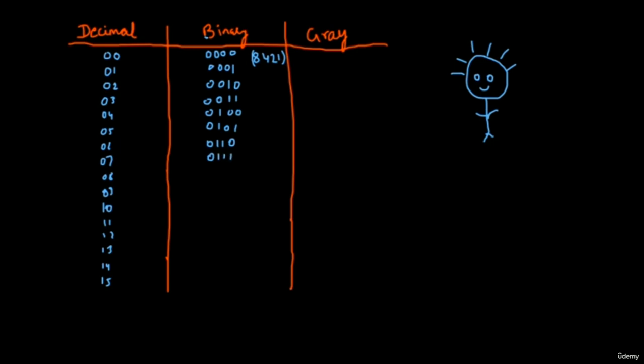Then we have to write 8, which is 1 0 0 0. Then 9, which is 1 0 0 1. Now to write 10, 1 0 1 0. Then to write 11, 8 plus 2 is 10, so we just need one more.